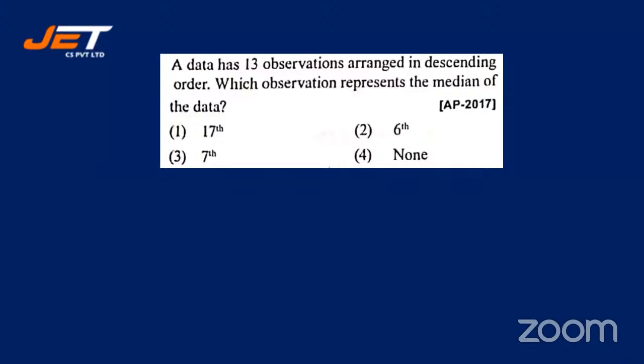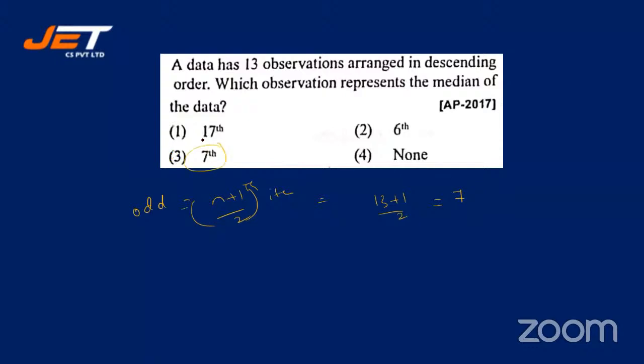So now we know the formula for median. If it is an odd number, then we use the n plus 1 by 2th item, isn't it? So what is n here? 13. Because it is odd, we write it as 13 plus 1 by 2, which is 7. All right, so that is why option 3 is right.